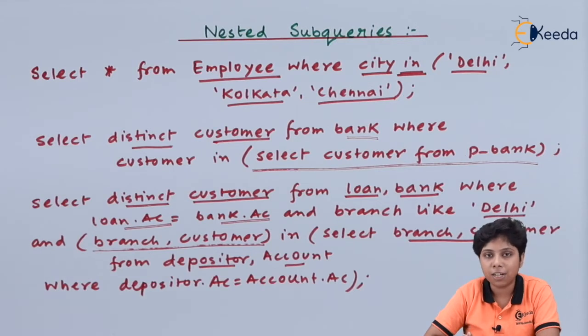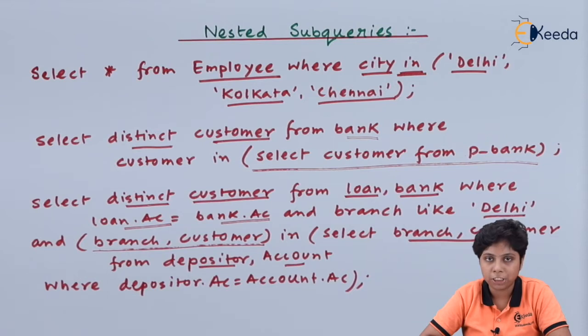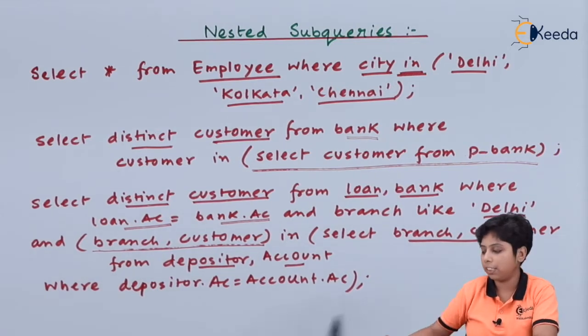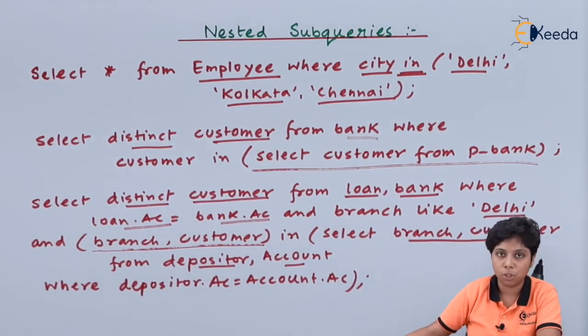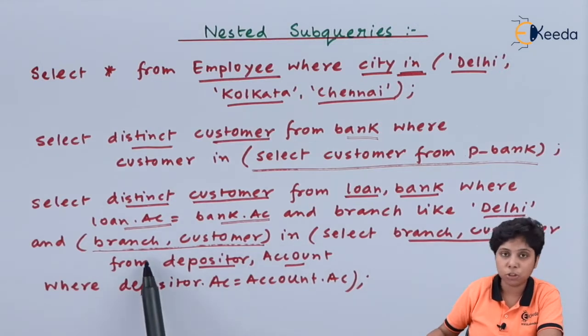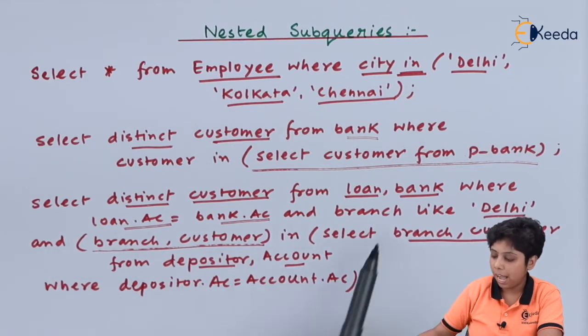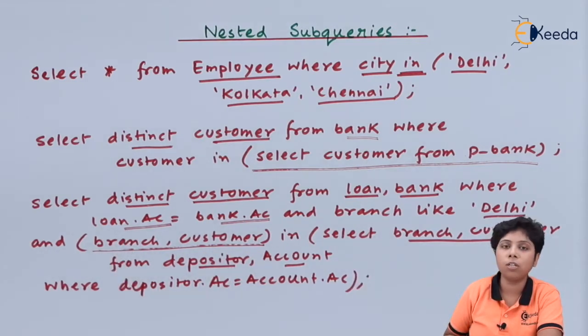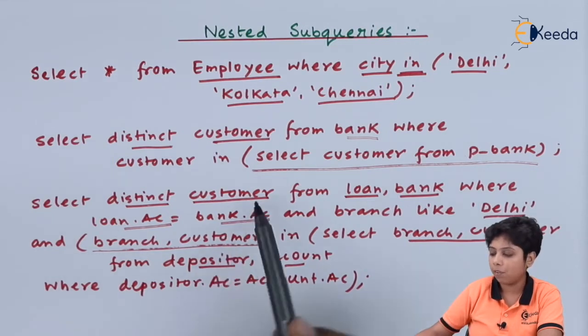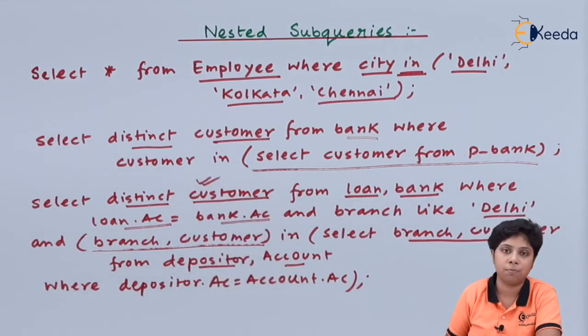So the depositor account number, if it matches the account number in the account relation, only then we are selecting a pair branch comma customer, which is an input to the pair branch comma customer in the outer query, where it will be joined with the condition that the branch is Delhi, and we select where the loan account number equals the present bank account number, and we are selecting the customer names.